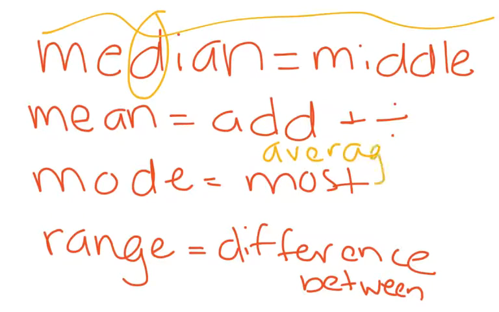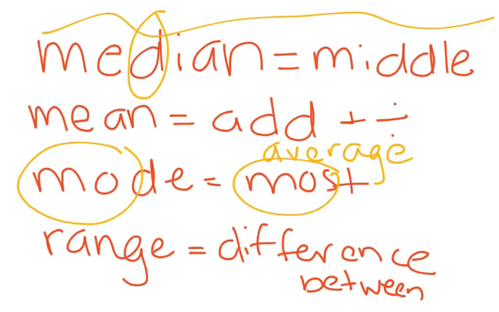You might hear of the average number of deaths for COVID-19, or the average age to vote, or the average speed. Mode, see how they both have MO and MO? And range is the difference between. So difference is subtract.